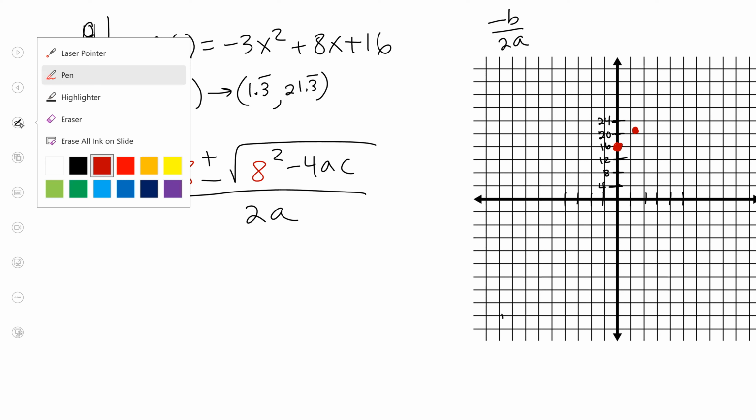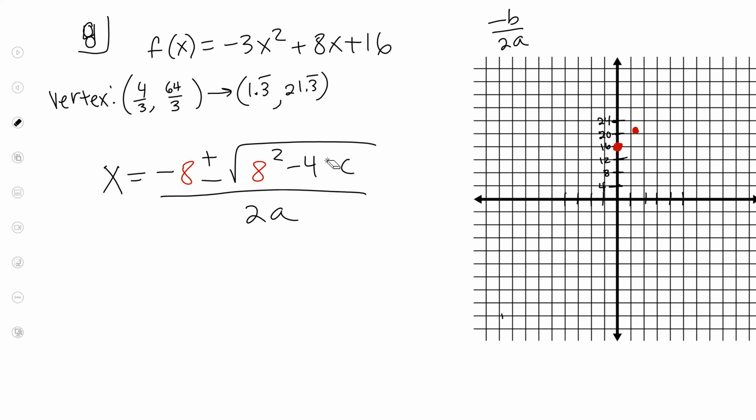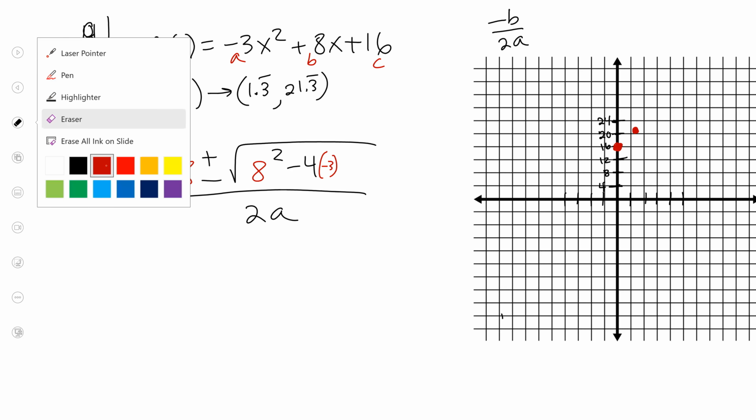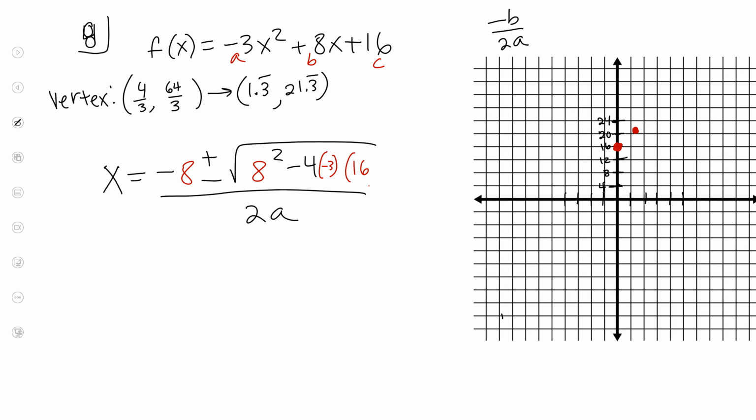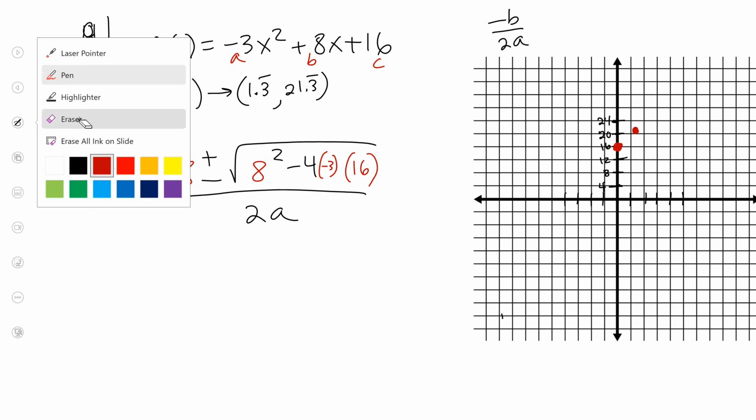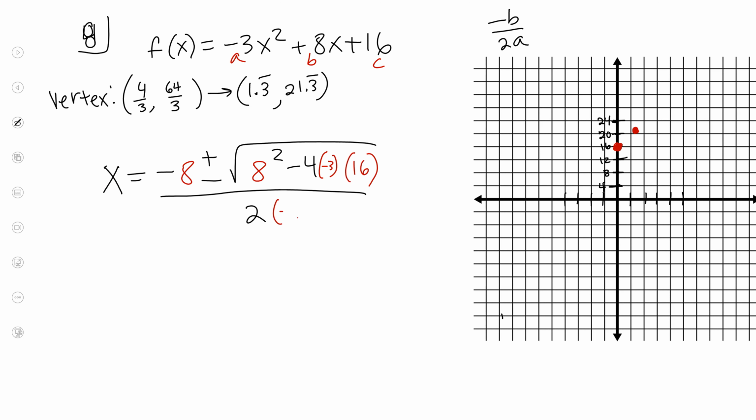The a will be replaced with negative 3, because this is a, b, c. And the c value is replaced with 16. Okay, so you can just input this into your calculator. Oh, one more a to replace. Replace this a with a negative 3.